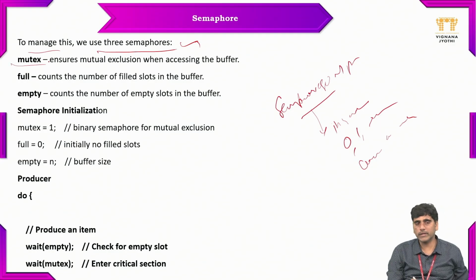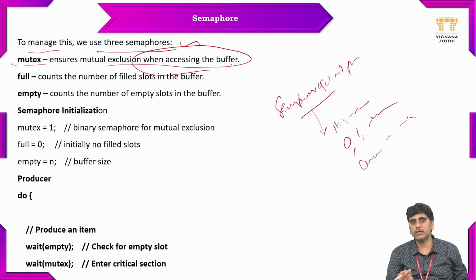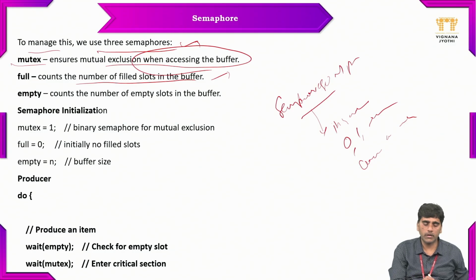The first one is mutex, which ensures mutual exclusion when accessing the buffer. When you are trying to access the buffer from the producer's point of view or from the consumer's point of view, use this mutex for both processes. The second one is full, which counts the number of filled slots in the buffer. The third one is empty, which counts the number of empty slots in the buffer.